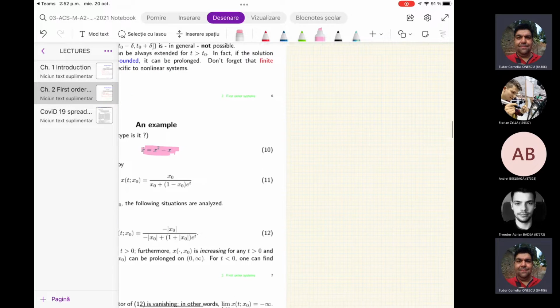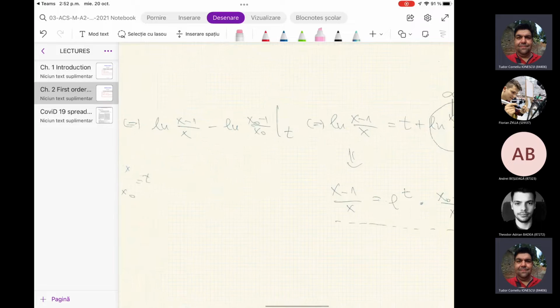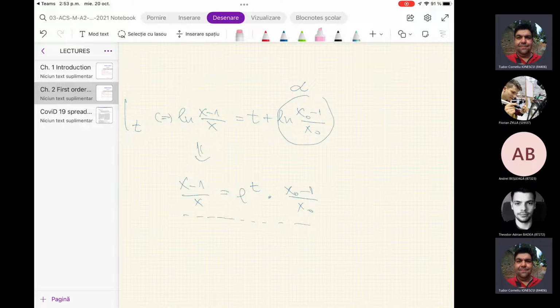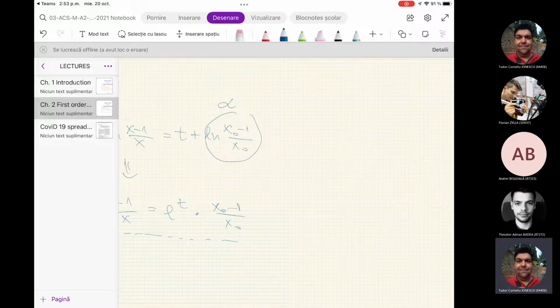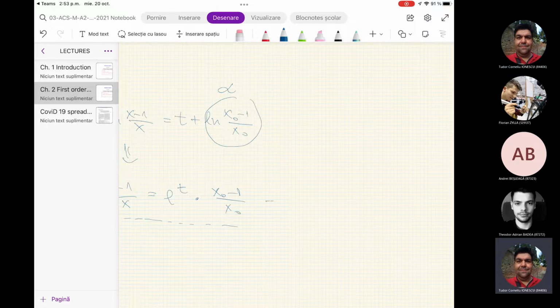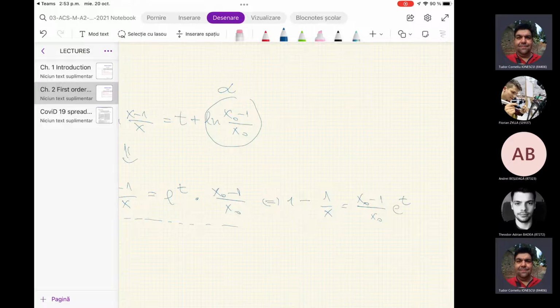Now, for instance, we go back to the example of this differential equation, and we stopped at this point when doing the computation. Here we can further write that 1 minus 1 over x is x naught minus 1 over x naught exponential of time.